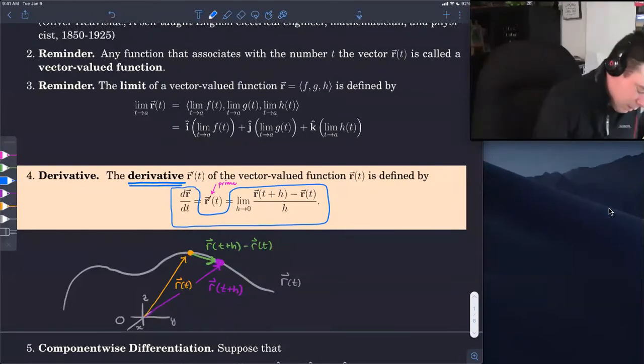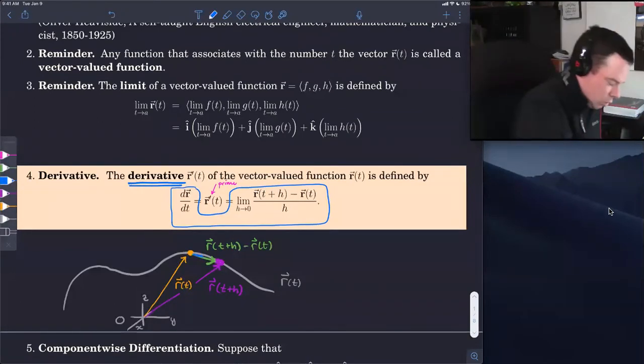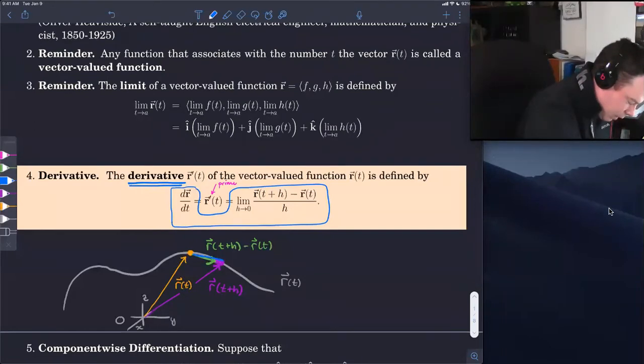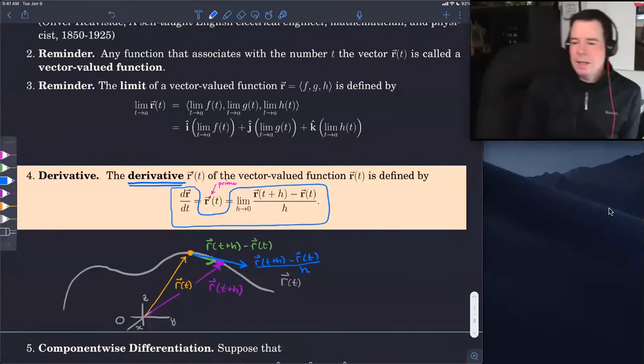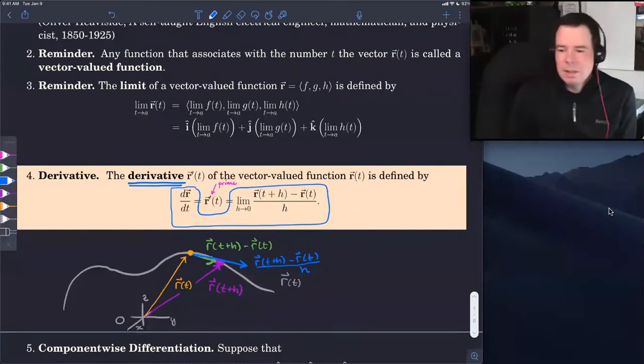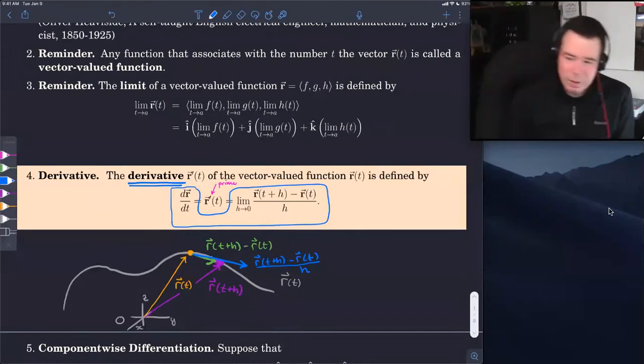In order to get length, I can scale it by h. I'm thinking of h as a small number, so if I divide by h, this would be a longer vector. So that would be r of t plus h minus r of t, divided by h. We're just scaling it, and we're really more interested in the direction, not so much the length.